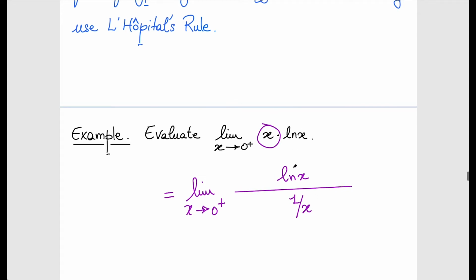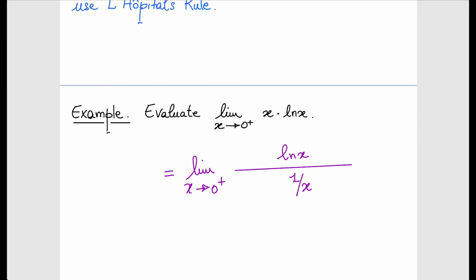So algebraically, they're still the same. What's the added benefit that this writing has? Well, if x goes to 0 from the right, this guy, as we said, goes to minus infinity, and this guy downstairs is going to go to plus infinity, which means infinity over infinity. That's still indeterminate, but of type infinity over infinity. And you can check the conditions of L'Hopital's rule are verified, and as such, L'Hopital handles the situation. So this is where L'Hopital kicks in then.